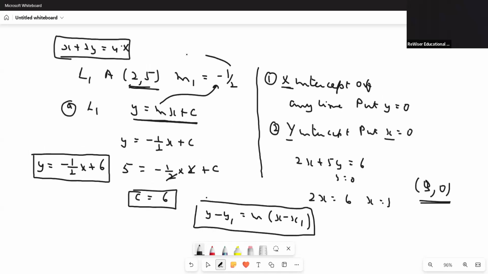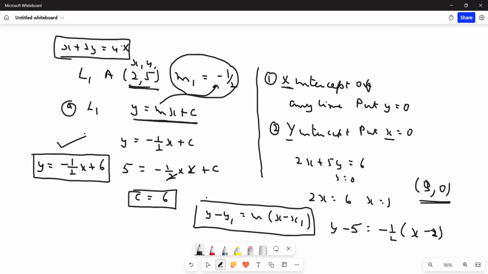M is already given, that's minus half. x1 and y1 are the coordinates of the point. So you can write directly y minus 5 equals minus half into x minus 2. If you simply open and multiply, you get the same answer. Is this understood, Valencia? Any doubts here? Okay, please note it down.